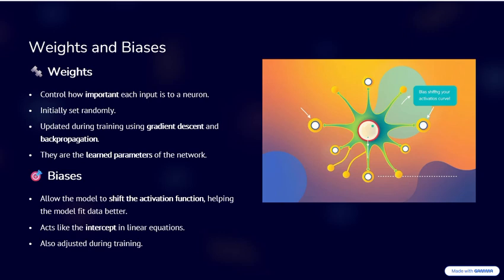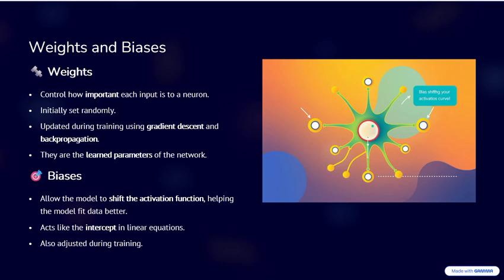What is bias? A bias is a trainable scalar value that is added to the weighted sum of a neuron's inputs before applying the activation function. It allows the network to shift the activation function to better fit the data. How it works: the bias acts like the intercept in a linear equation.